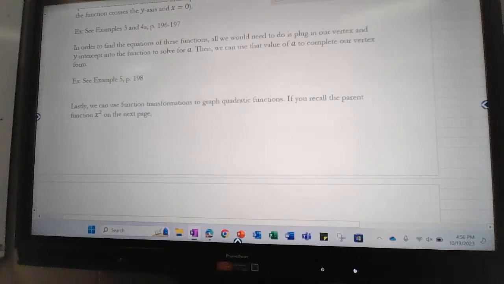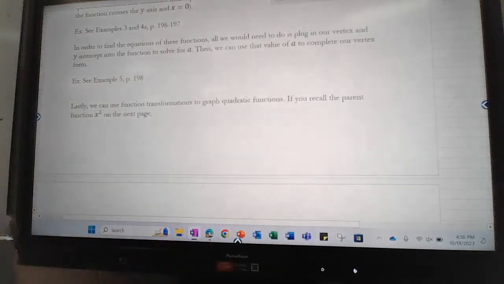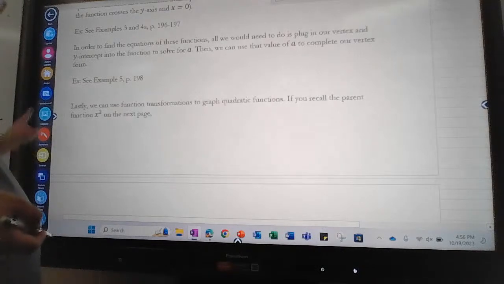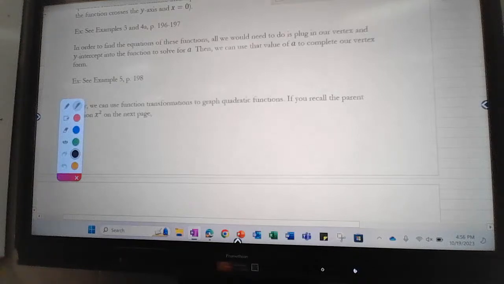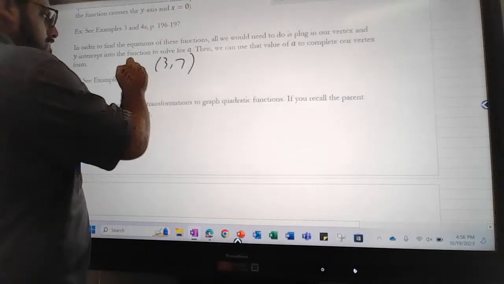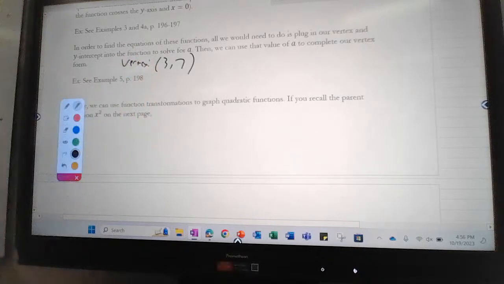So, for example, if I'm given a vertex and another point, let's say I'm given a vertex 3, 7, and let's say I'm given another point that it passes through, like say 9, 4.